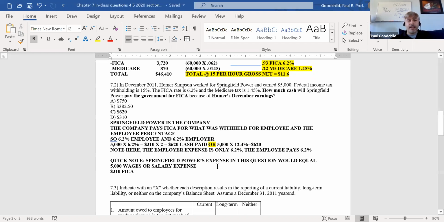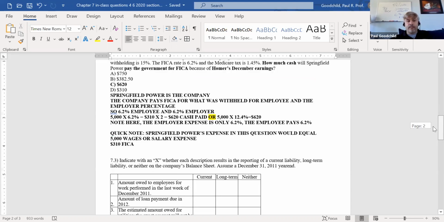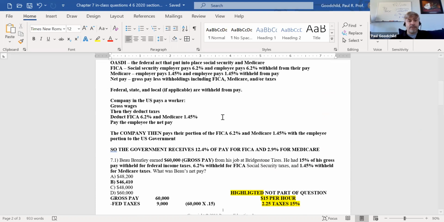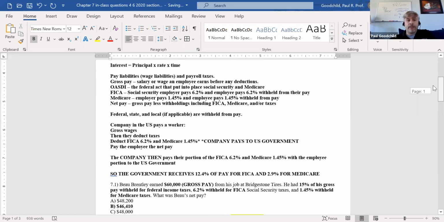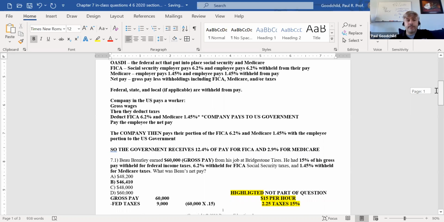Okay, so the chat's quiet now. I just want to make a note up here. So when they deduct this, okay, and I also want to make one other note up here with Social Security and Medicare.